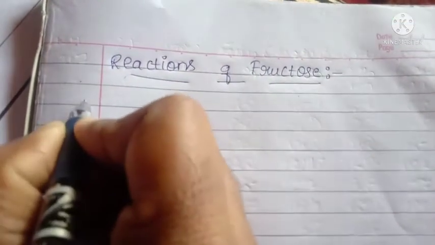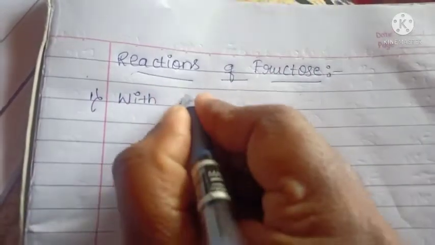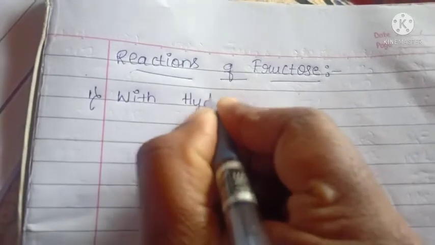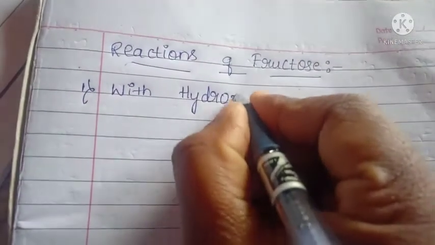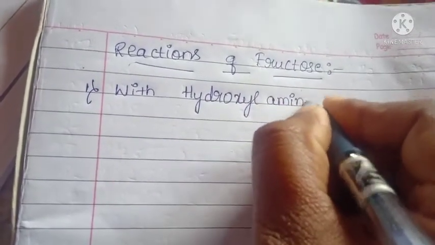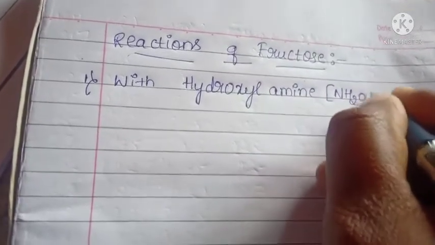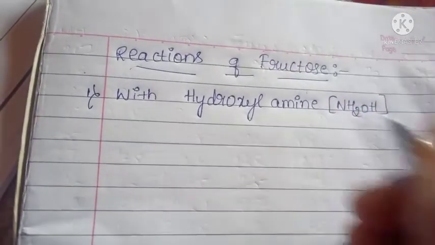First one is with hydroxylamine, NH2OH. First you have to write the structure of fructose.